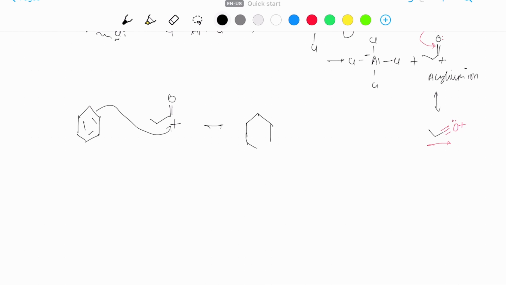Now this position has a positive charge right now because it just attached, and we had double bonds here and here.